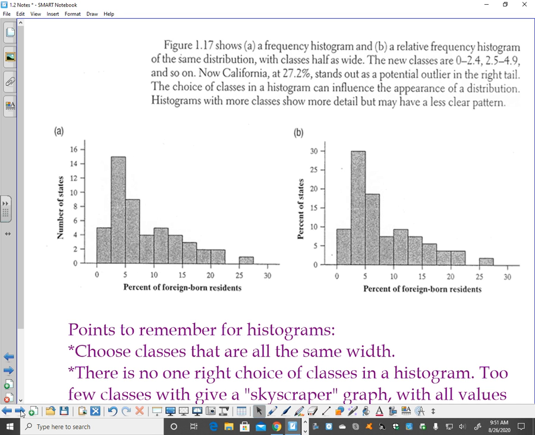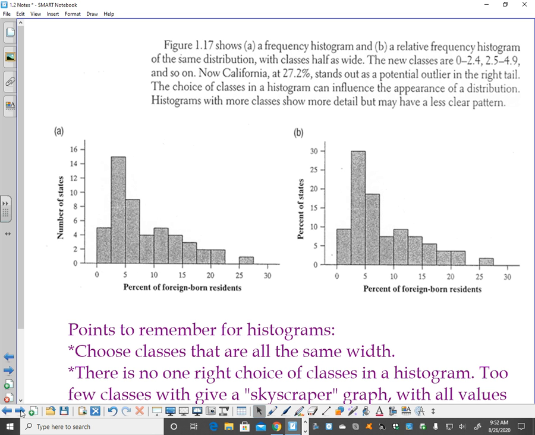The choice of classes in a histogram can influence the appearance of a distribution. Okay, I'm going to pause here to interject what's going to sound like an opinion, but it's really a fact. You can make a histogram emphasize what you want it to. If I'm trying to point out that California has a lot of foreign-born residents, then I'm going to split my classes, because the general public, when they look at this graph right here, they're going to say, oh my gosh, look at California.